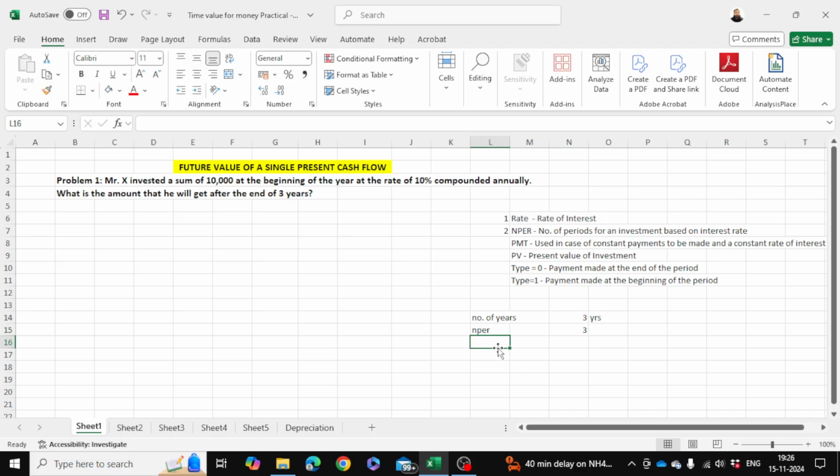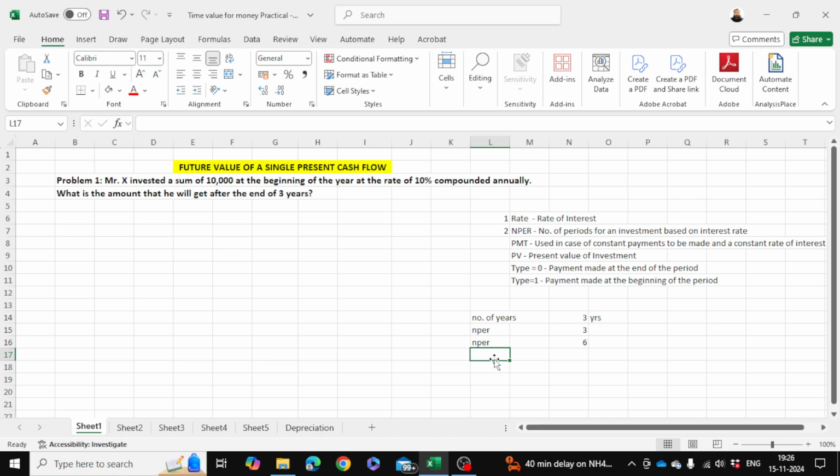But if it is a half yearly question, N period will be 3 multiplied by 2, so it will be 6 half years in case of half yearly mode.